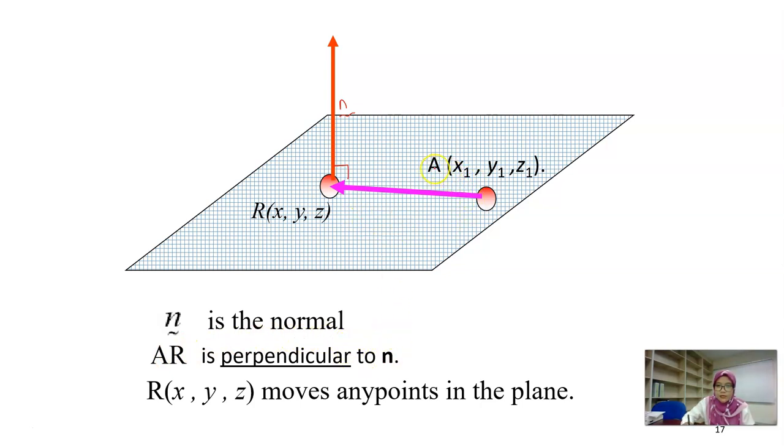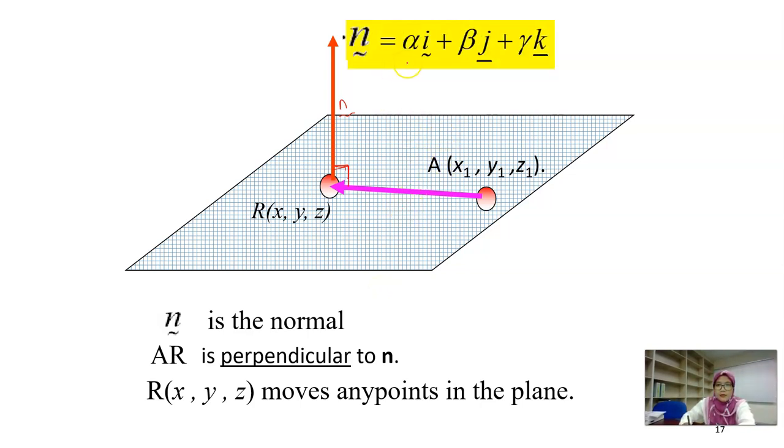And then AR is perpendicular to N. This is your vector A. A is any point on the plane. So the vector from A to R we consider as perpendicular to N, so this angle is 90 degrees. And R, x, y, z, is any point that moves in your plane.